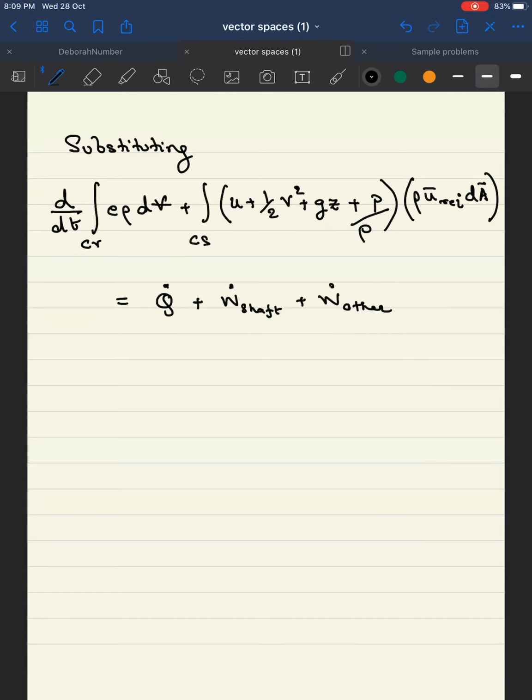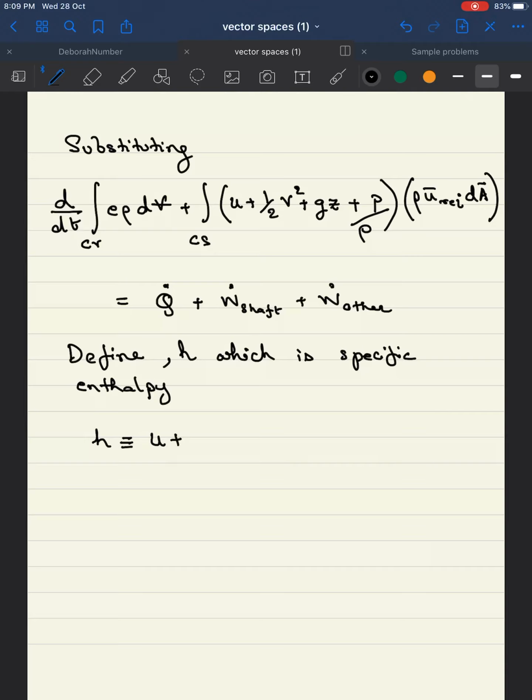Now we can define a term called H, which is specific enthalpy, and we will define it as U plus P by rho, or basically U plus PV, where V now is specific volume, volume by mass.